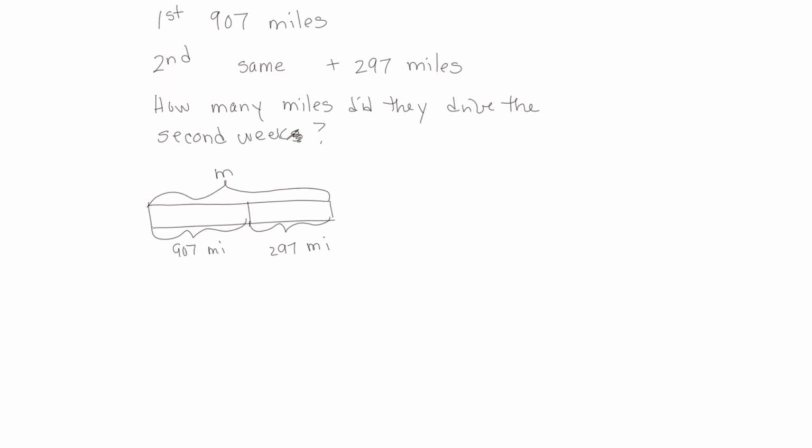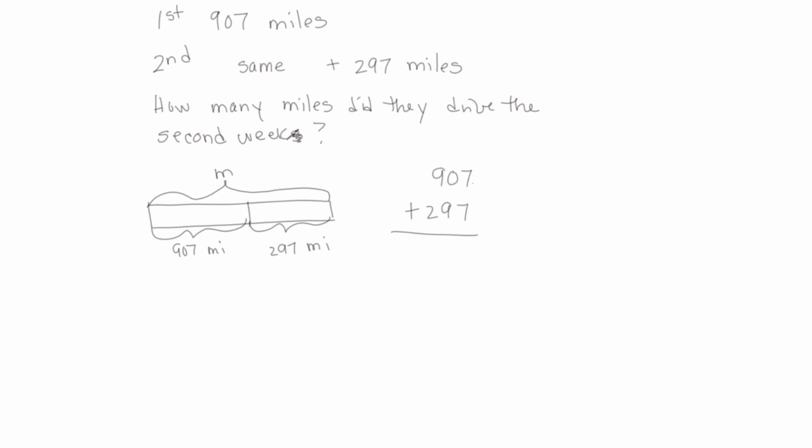So we're now going to turn our visual drawing into an equation. So we have 907 plus 297. If it helps you to draw the place value chart, as opposed to just doing the standard algorithm, by all means go ahead and do that. If you can visualize the chart and do it with the standard algorithm, that's great.